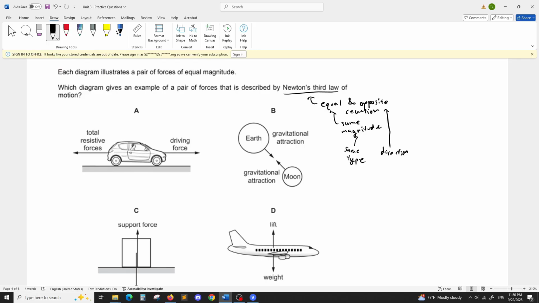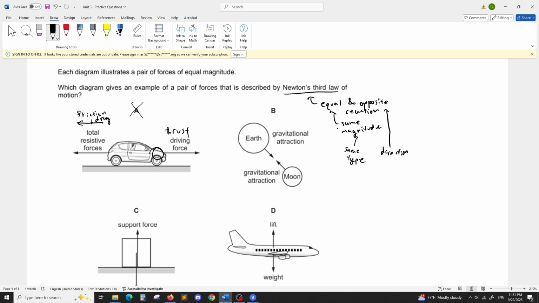It's not going to be this one because there isn't the same type of force. This driving force is actually thrust, and then this drag force is friction plus drag, which is basically friction but with air. Essentially these are two different things because thrust is generated by the engine and friction is based on the air.